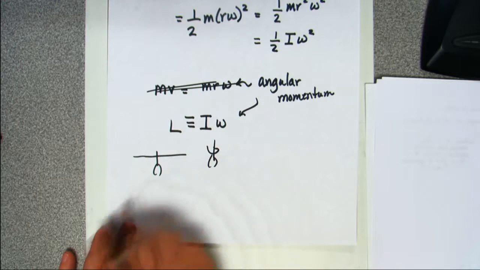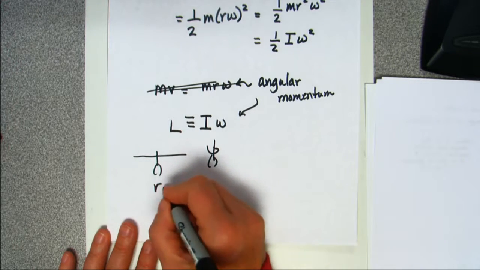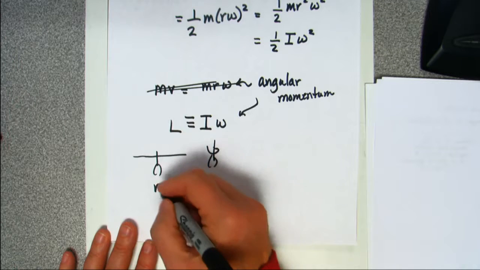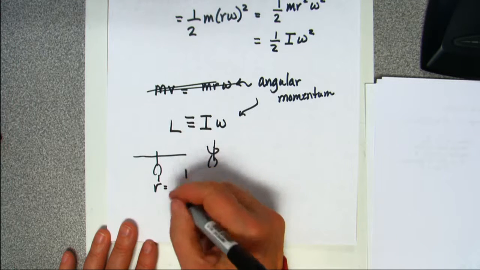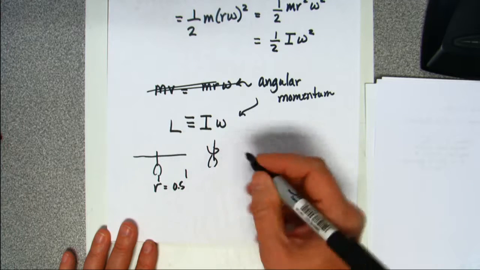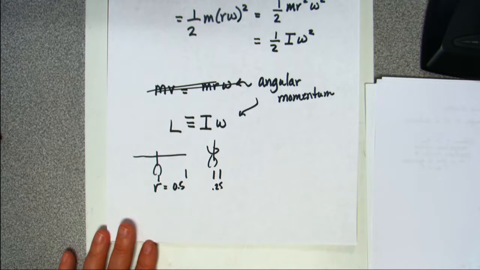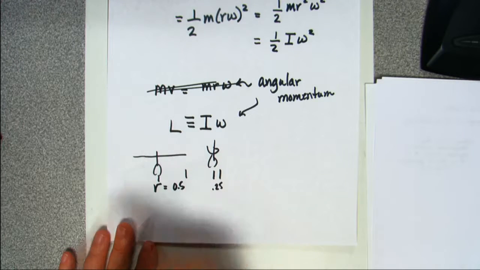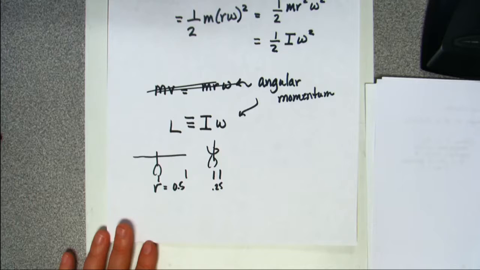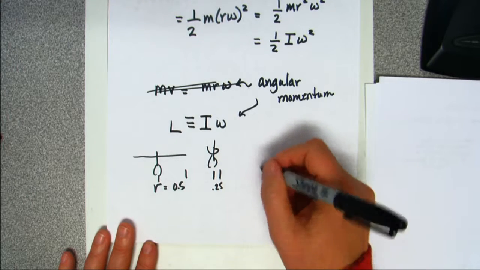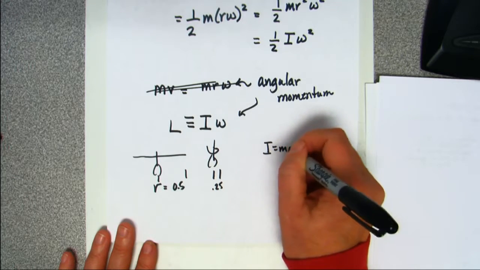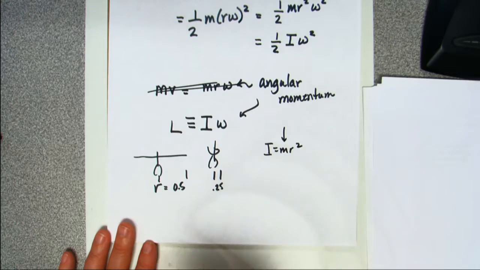So if we do this from conservation, in this case, R is going to be from here to here. We're going to make that 0.5. From here to here, we're going to make that 0.25. And if I do this, I'm going to equate my person as a cylinder, and we can do I is equal to mR squared, where m is the mass of my skater.